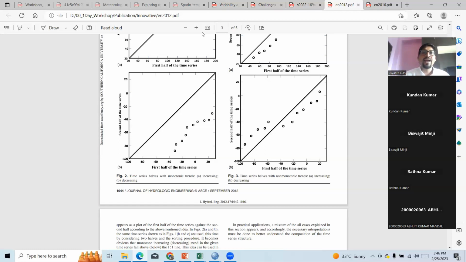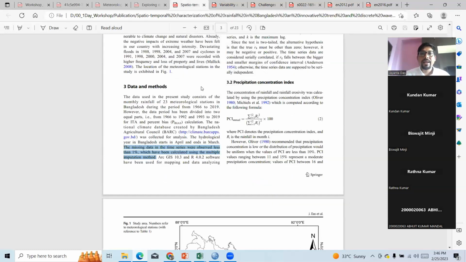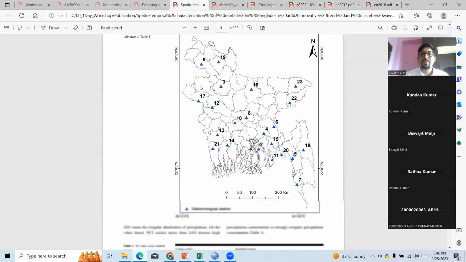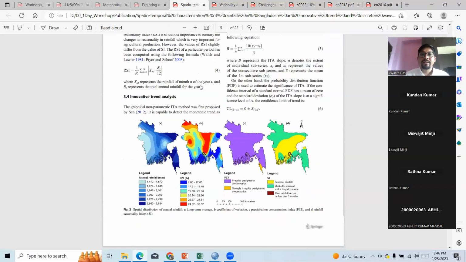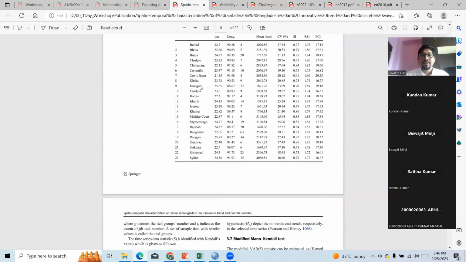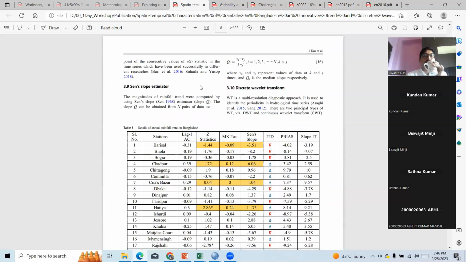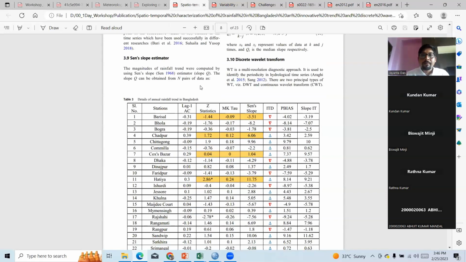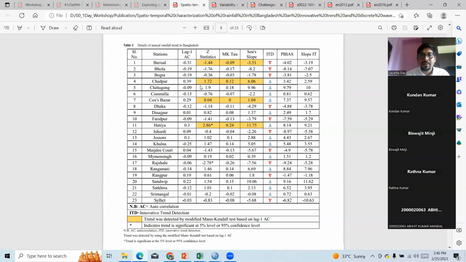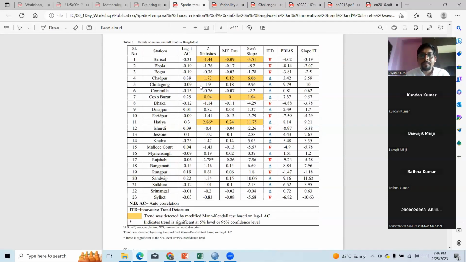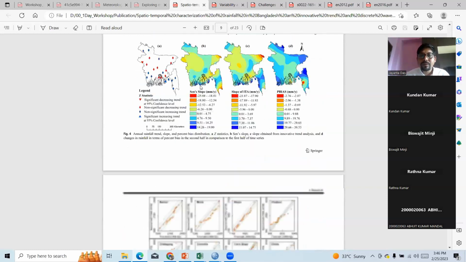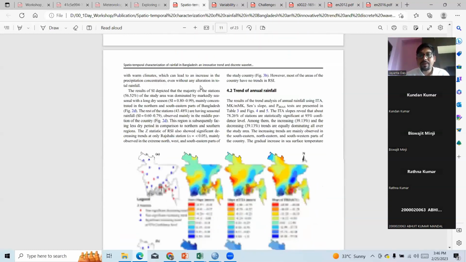I have used this technique here, probably. I have prepared one table, monotonic, non-monotonic. Not in this paper.